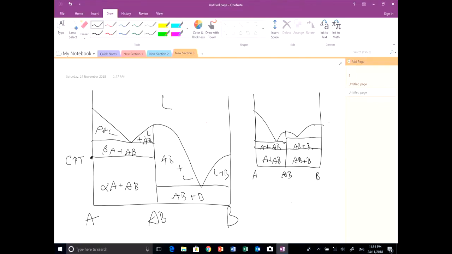No way, never. So that brings us to the alternative, which is what? AB is undergoing the crystallographic phase transformation. And because AB sits in the middle of the diagram, whatever it's adjacent to is affected by that phase transformation.